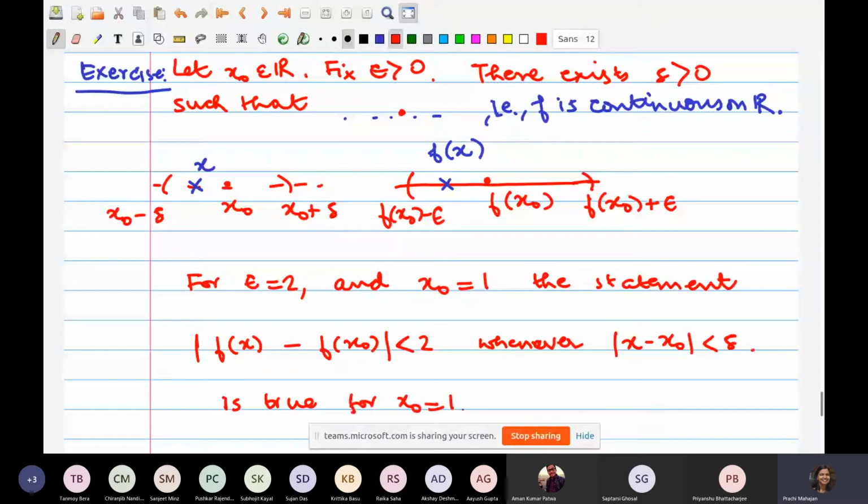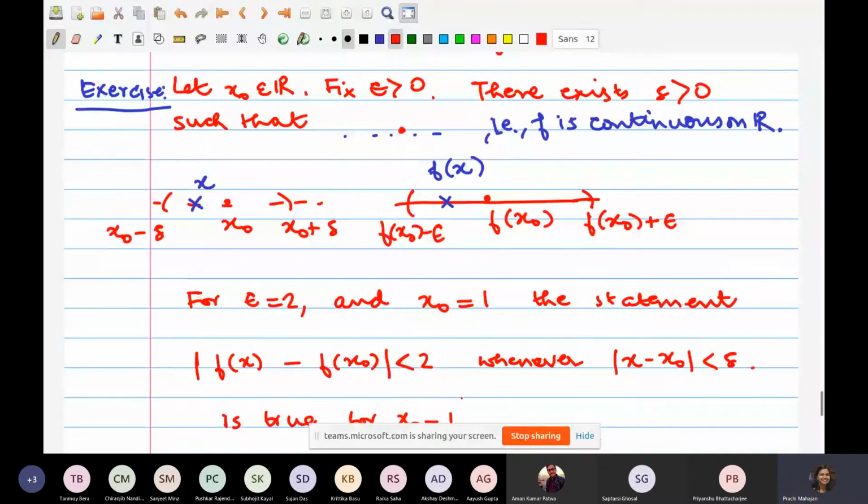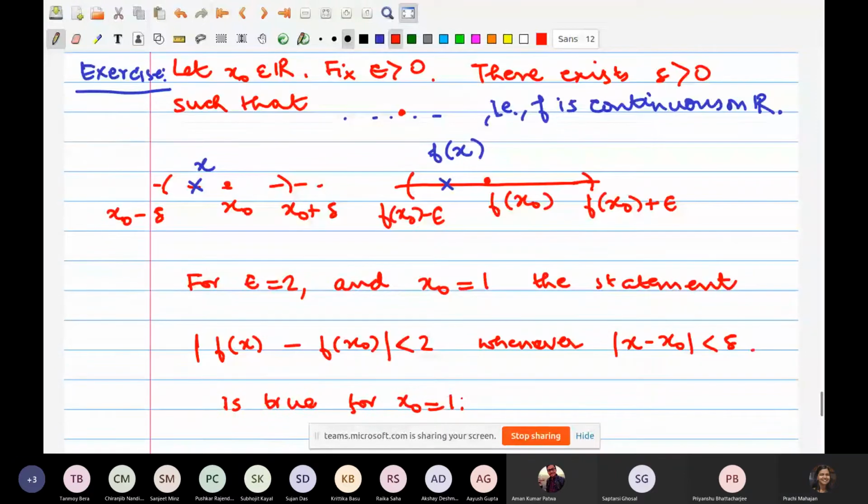What should be my delta here? What delta would work for x naught equal to 1 and epsilon equal to 2? It's a very simple function here. f of x is x goes to x square.